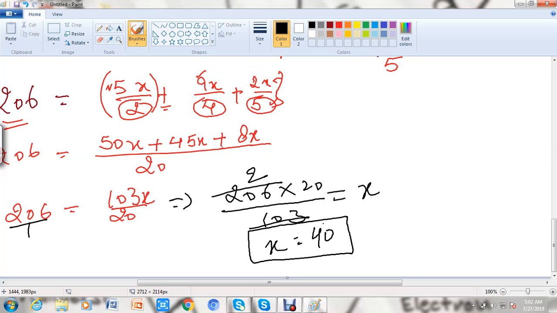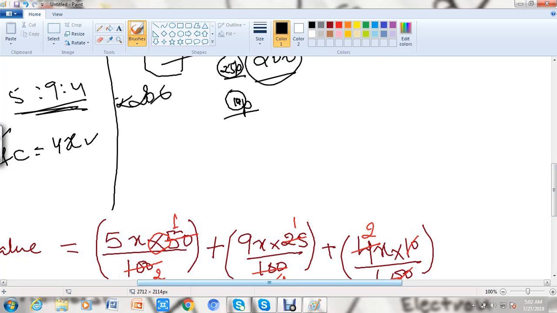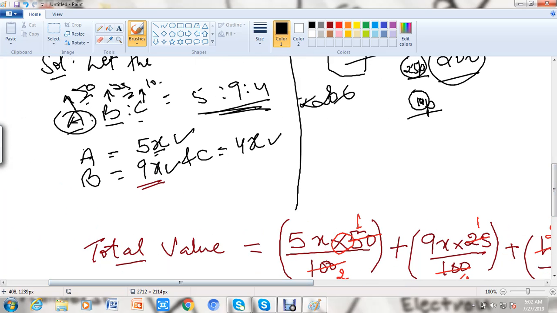At the end of the solution, you can write it like this: A, which is number of 50 paisa coin. A is equals to 5x. What is the value of 5 into 40? 5 into 40 is 200.